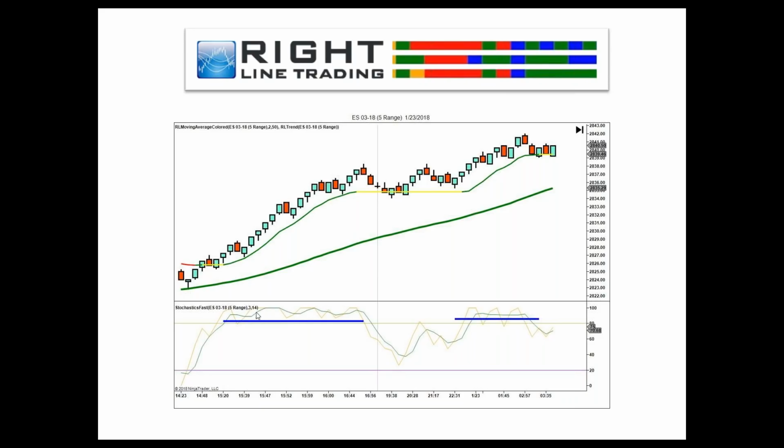And it doesn't matter whether the stochastic line is above or below the signal line. If it's overbought, you're always going to get a green. When it's oversold, and this has to be on both higher time frames, you're always going to get a red. Now, it is going to show you stochastic divergence on one of the two higher time frames, and I'm going to show you how it does that.